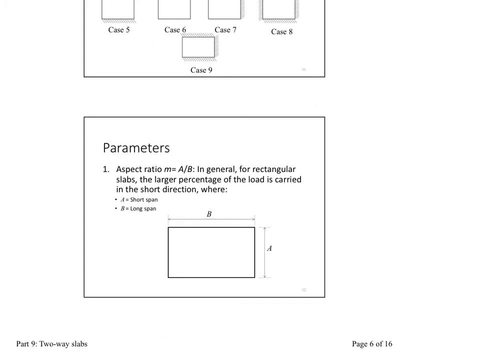And the aspect ratio simply is A over B, where A is the short span, divided by B, the long span.